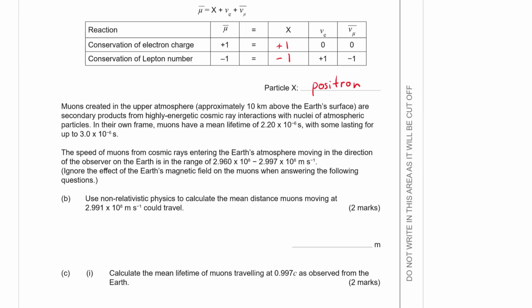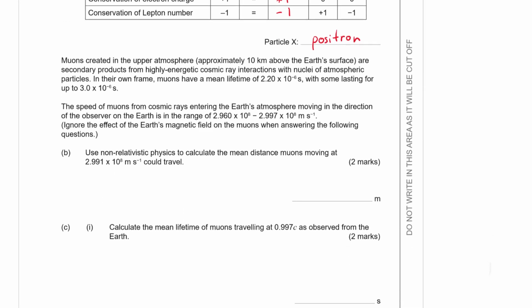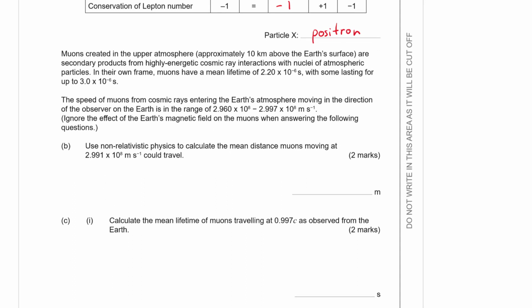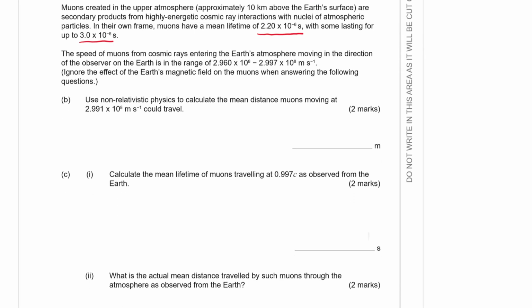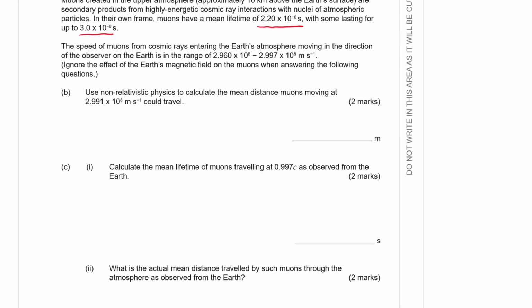Now it's talking about muons, and it starts talking about all these things with speeds and giving lots of figures, but the important thing is it says in their own frame, muons have a mean lifetime of 2.2 times 10 to the negative 6 seconds, with some lasting up to 3 times 10 to the negative 6 seconds. So they have a lifetime, but some of them will last longer, some not as long, and that's an important concept here. But the question mostly wants you to deal with the mean lifetime.